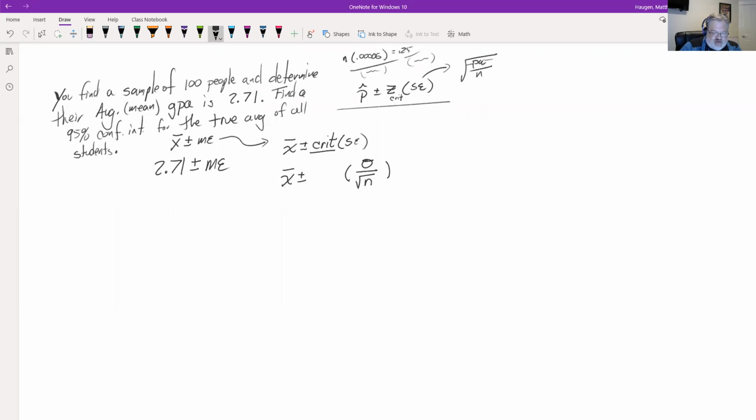Using the sample value instead of the true value to find our standard error doesn't bring in a lot of variation, so it's good enough, works very well. Using a sample standard deviation to approximate the population standard deviation brings in too much error.